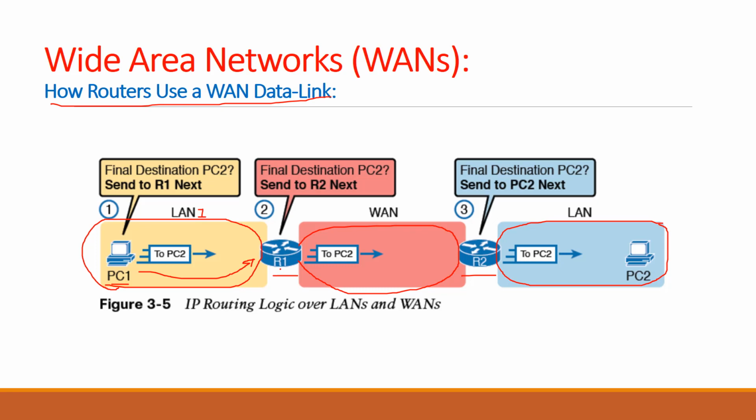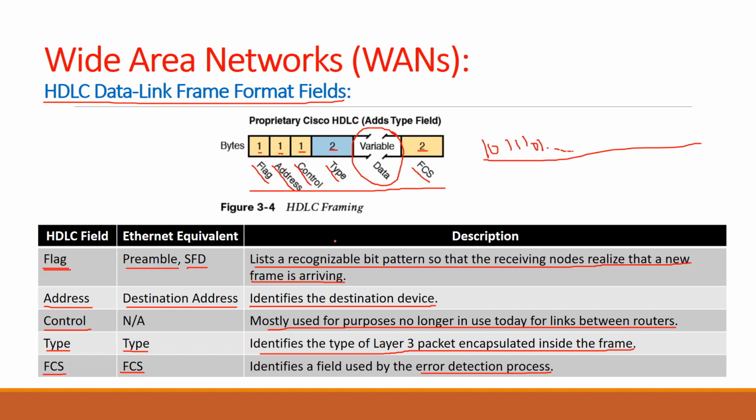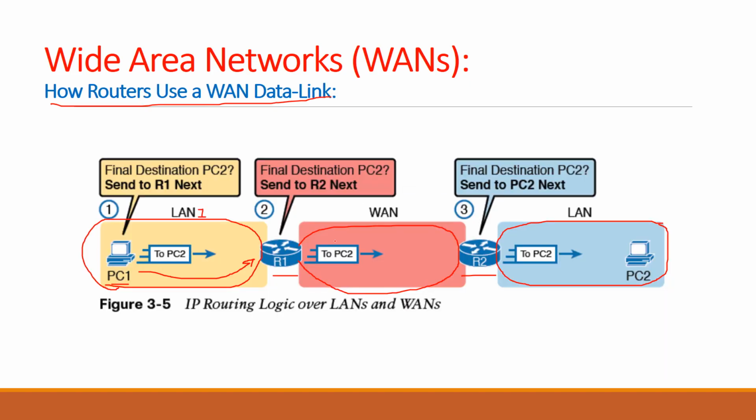Router 1 first removes the Ethernet header and trailer used by PC1 and encapsulates a new header and trailer based on the WAN layer 2 data link layer protocol used between router 1 and router 2. If it's HDLC, it will encapsulate the IP packet with the HDLC header and trailer and send it to R2.